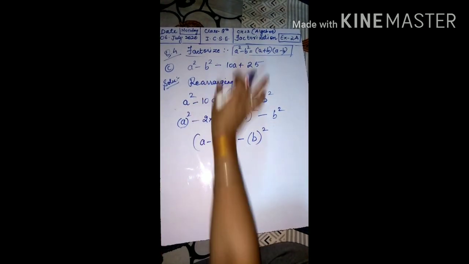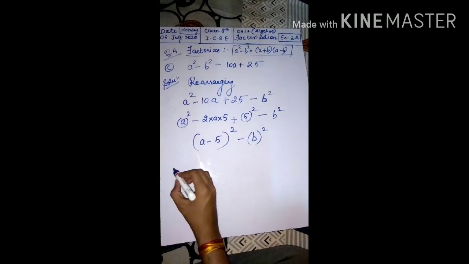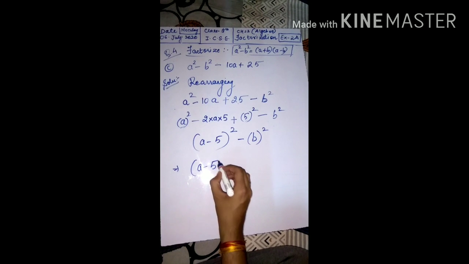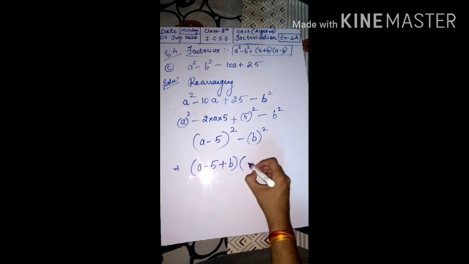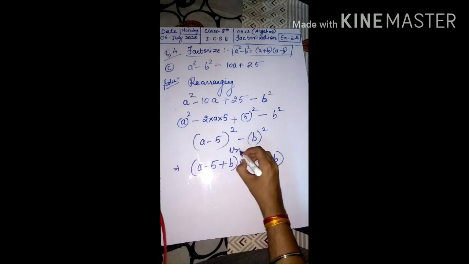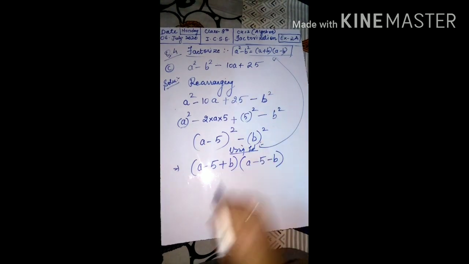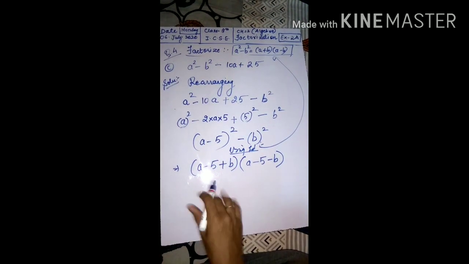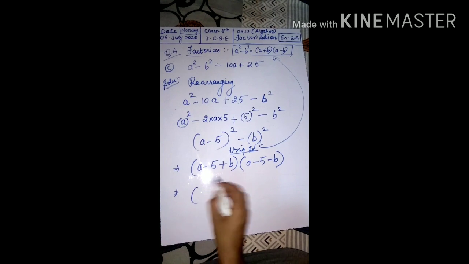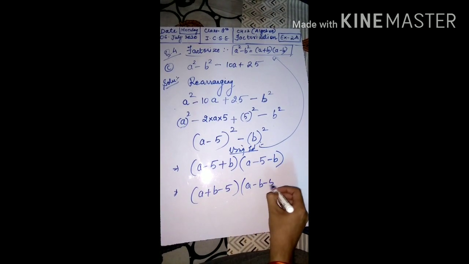Now our question has transformed into the a square minus b square identity. So we can use a plus b, a minus b. In between you write the identity we have used, and you can write it as a plus b minus 5 and a minus b minus 5. This is the final answer.